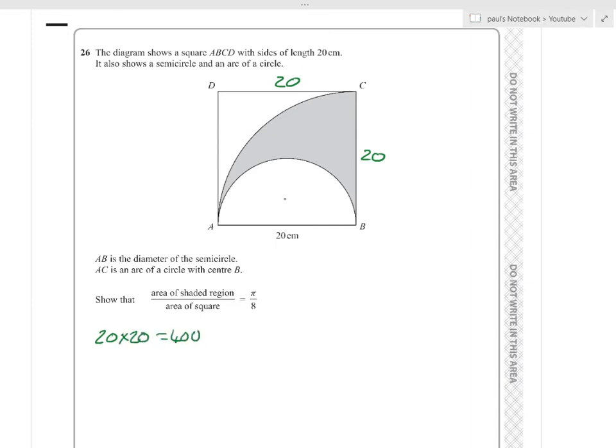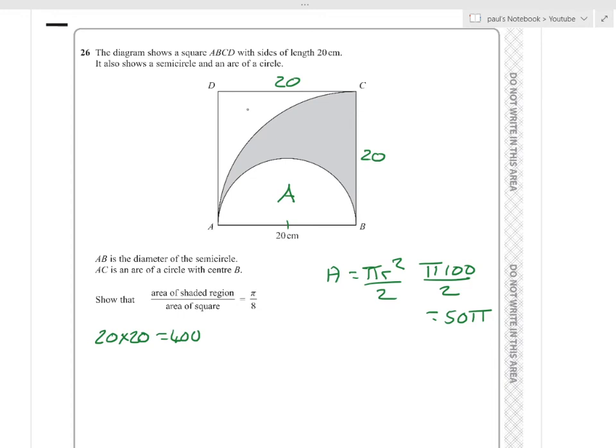Got that. This bit here, A is pi r squared divided by 2, and the radius of that is 10, so that's 100 pi divided by 2, which equals 50 pi.